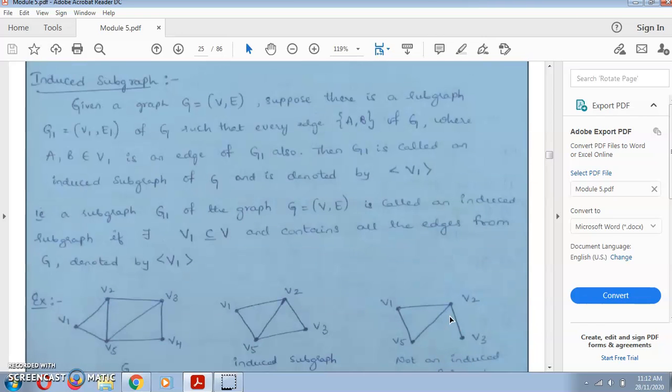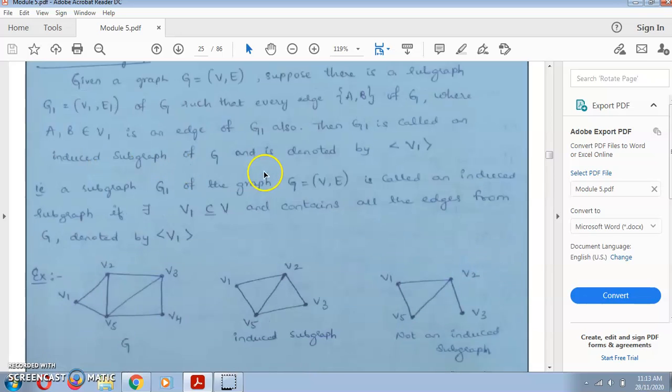What an induced subgraph says is that, given a graph, there is a subgraph G1 equal to (V1, E1) such that every edge (A, B) of G where A and B belong to V1 is an edge of G1.